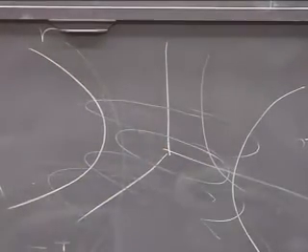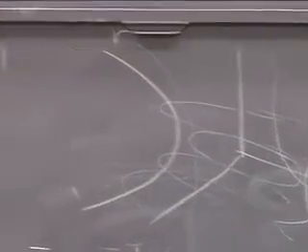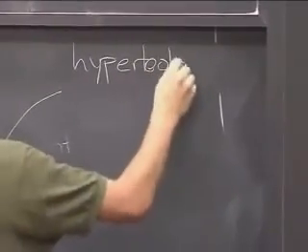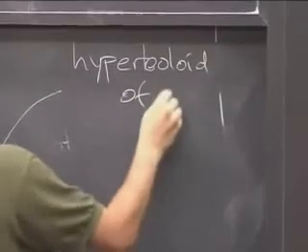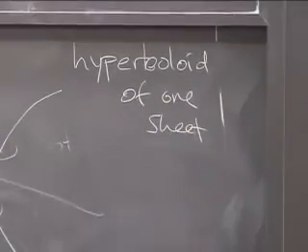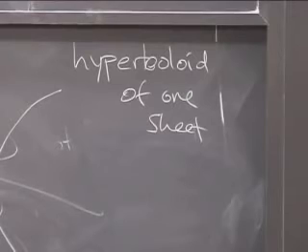Also in the yz plane. So this is called a hyperboloid of one sheet. I will soon show you the connection between this and the cone. But first, I want to consider the situation where it's equal to negative 1.